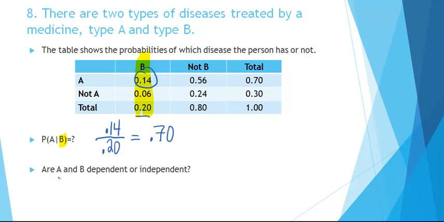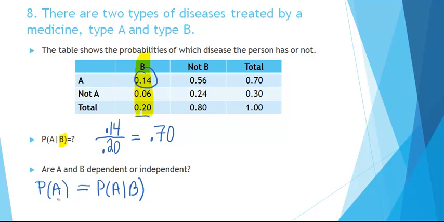And then it's asking us if A and B are dependent or independent. Well, the way we know this is if we find the probability of A, and if that is equal to the probability of A given B. Basically what this means is that if these two are equal, the condition B doesn't affect the probability of A. It remains the same no matter what.